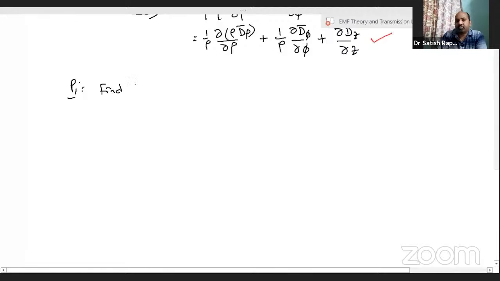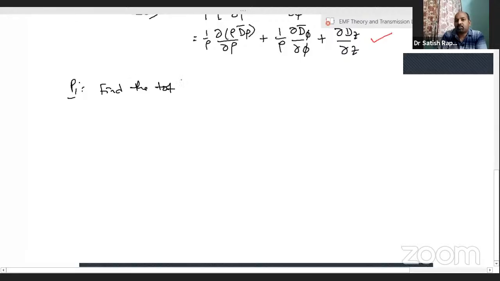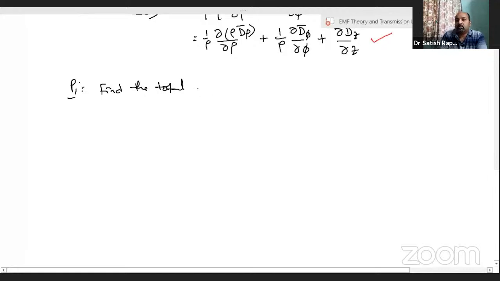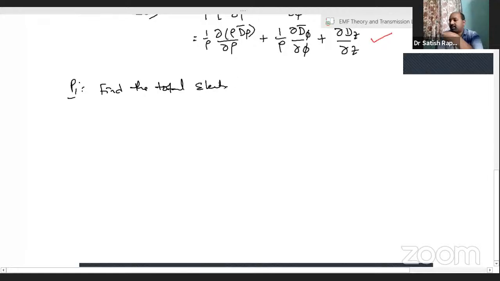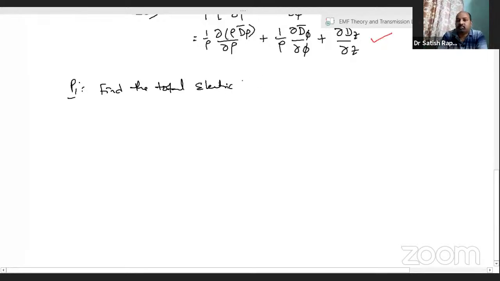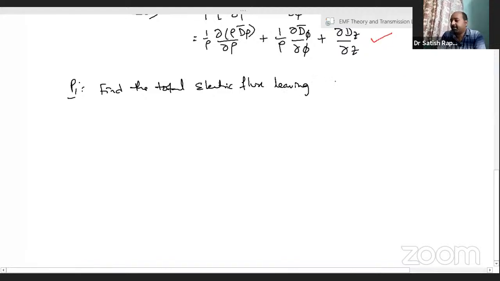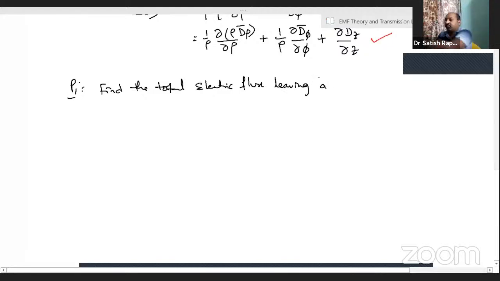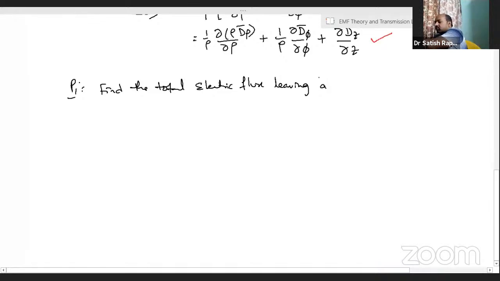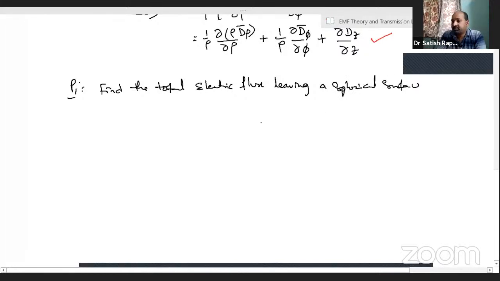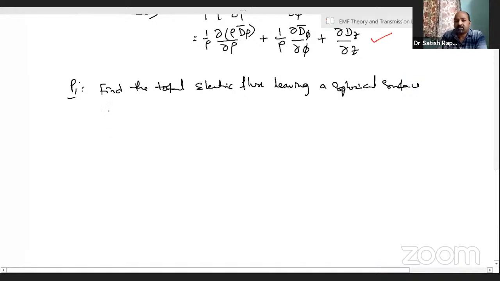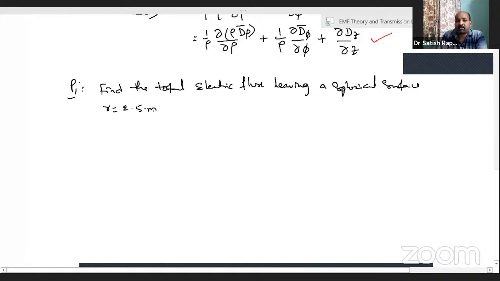Find the total electric flux leaving a spherical surface r is equal to 2.5 meters, right?